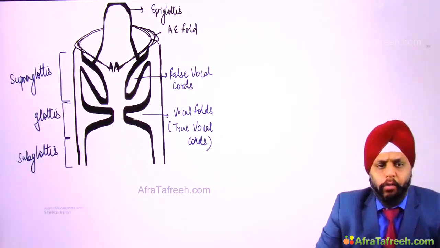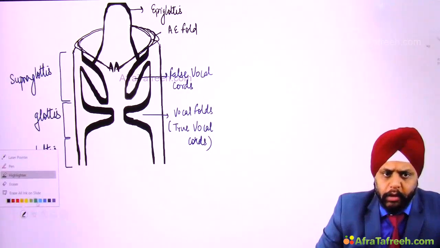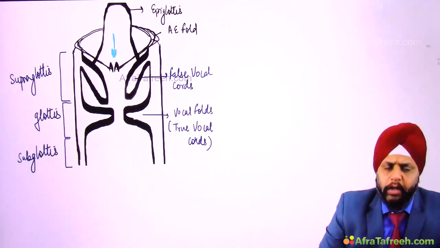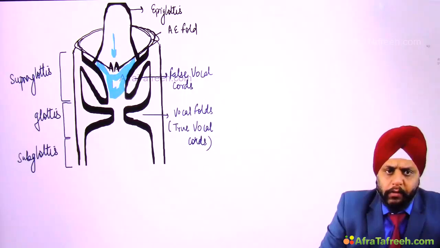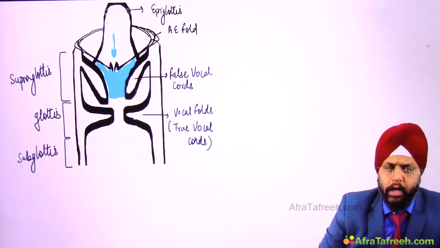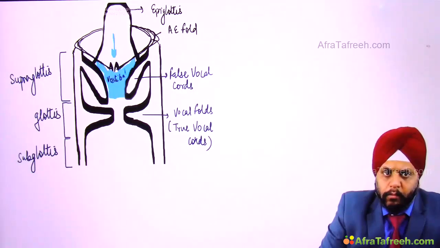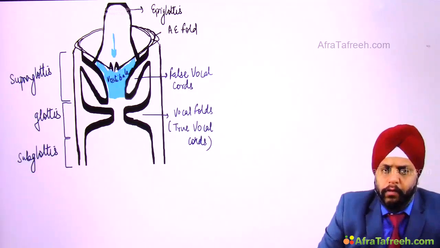Now the air goes from the laryngeal inlet inside, and this space that I am now shading is a part of the airway. This imaginary space over here, we have named the laryngeal vestibule.